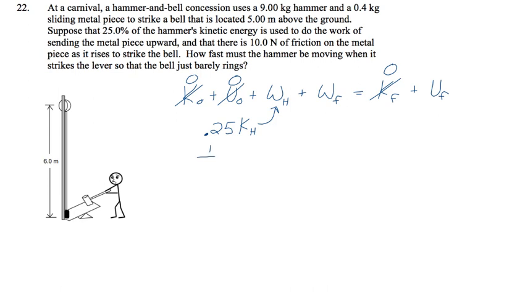So I can write 1/8 mass of the hammer, velocity of the hammer, squared. That right there is going to replace the work from the hammer. The 1/8 comes from 1/4 times 1/2. There's the 1/4, and the formula for kinetic energy is 1/2 mv squared. So 1/2 times 1/4 gives me 1/8.